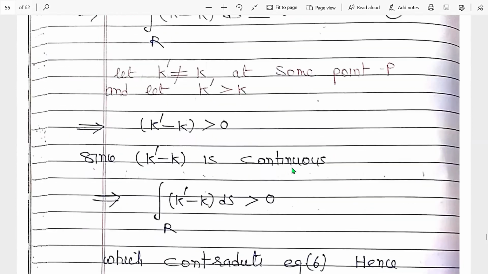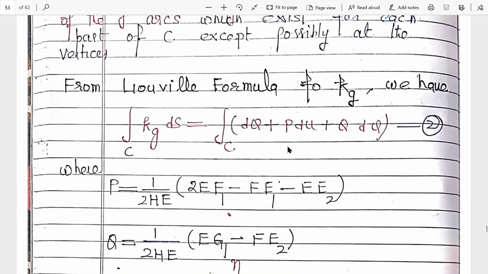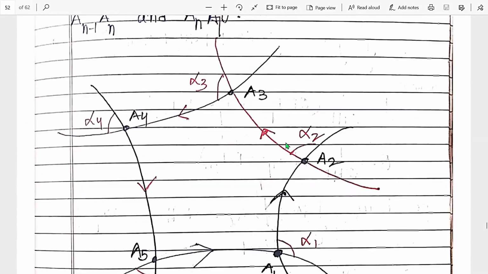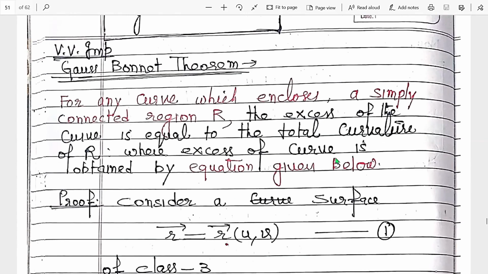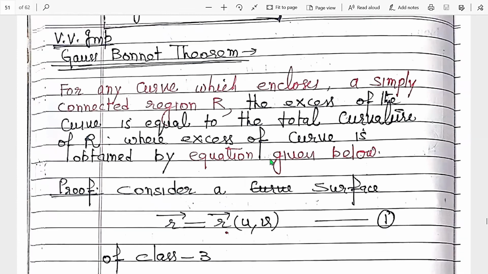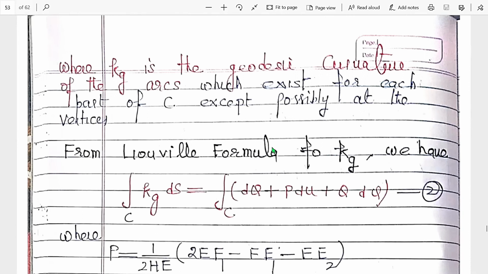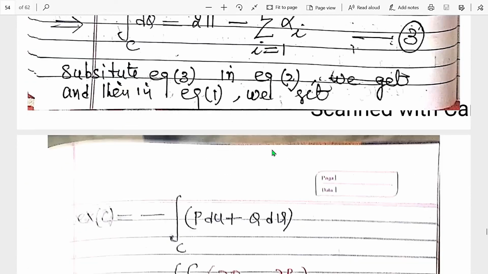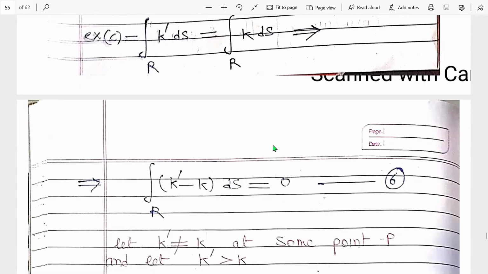So I repeat once again. In this Gauss-Bonnet theorem, our purpose is to prove the result for the excess of the curve, by this equation. The excess of the curve is written in this form.